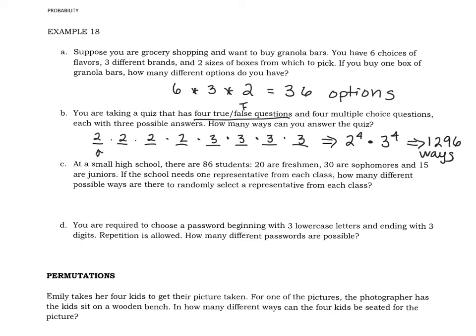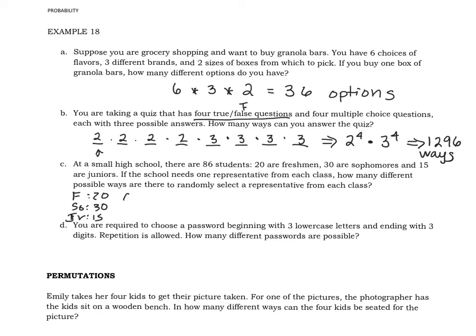All right, at a small high school, there are 86 students. 20 are freshmen, 30 are sophomores, and 15 are juniors. They didn't tell us how many seniors there are, but I'm pretty sure that we all know how to subtract.